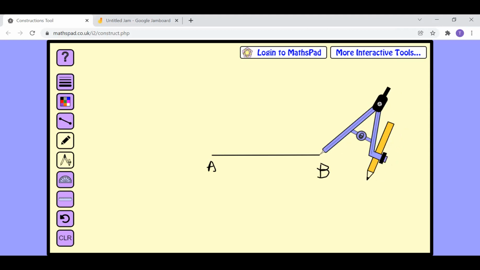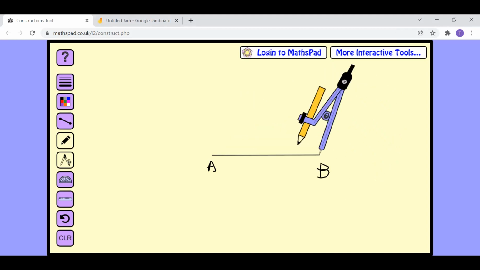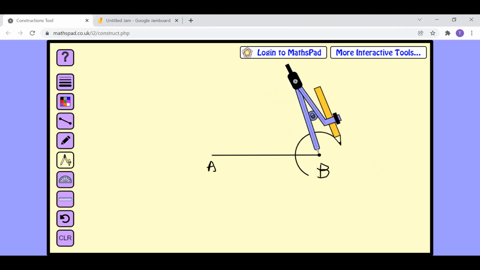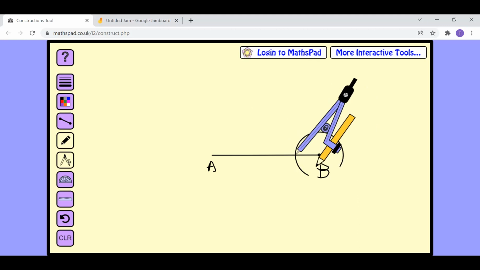So to start with, I'll have to make an arc. And what will be the measure of the arc? First draw a full arc at B. Now how many centimeters should the arc be? It doesn't matter, whatever you want.